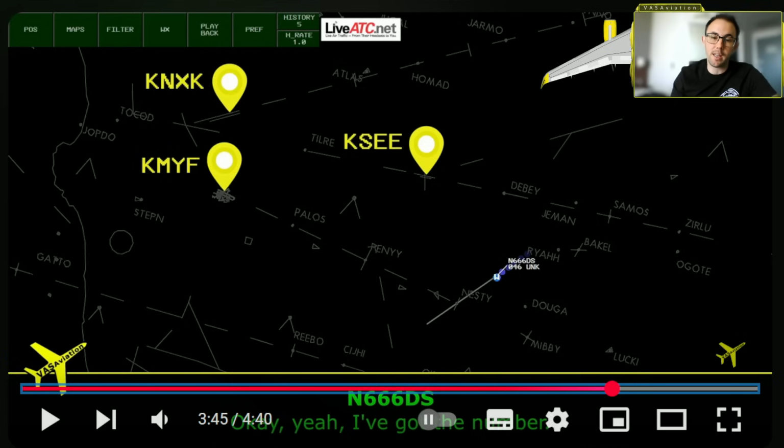Then we have Penny and Palos, which are the three waypoints on the RNAV approach for runway 28 at Montgomery. Remember, Nesty was to be crossed at 3,600 feet or above, but if you can cross at that altitude, you will be right on the glide path for the approach.